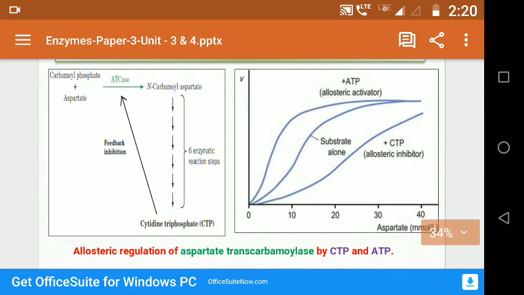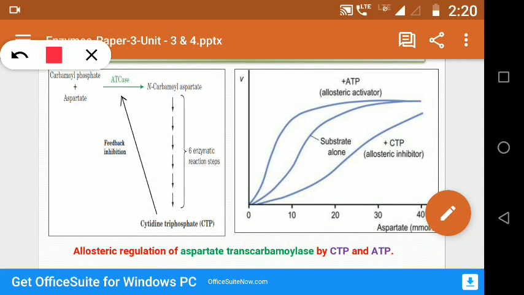Here, when we look at the substrate saturation curve of allosteric enzymes like ATCase, we clearly observe that if we don't use any allosteric modulator and simply increase the substrate concentration, we will get this kind of sigmoidal curve.